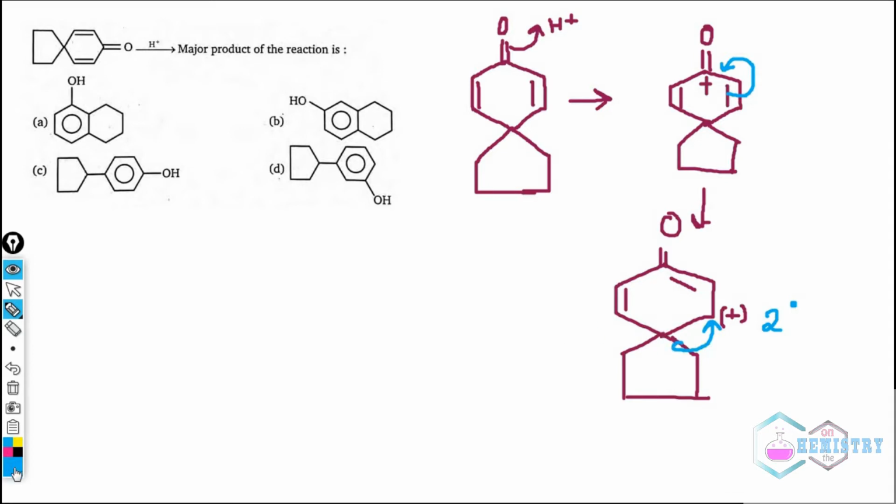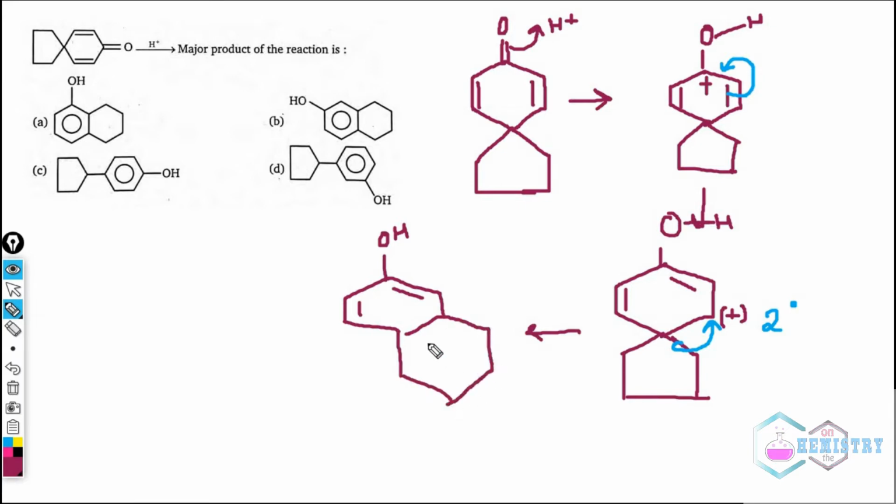So this will be much more favorable. Sorry, this will all be an OH, my mistake. Anyway, this will be like that, and the carbocation will be formed on that carbon.